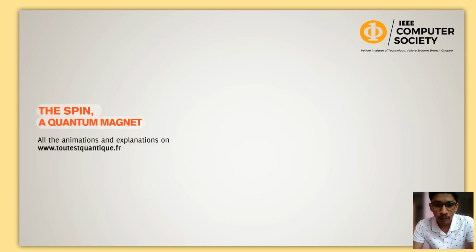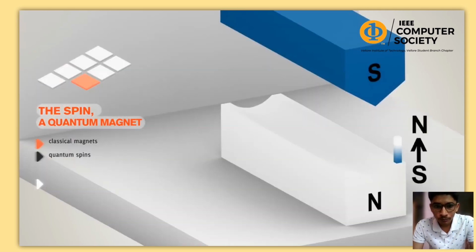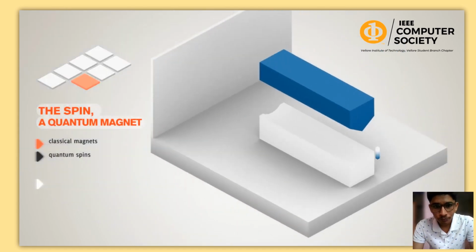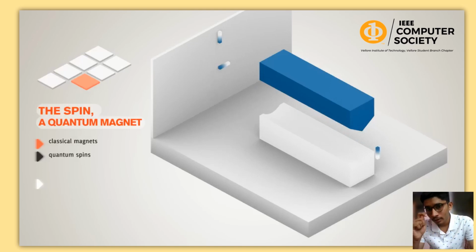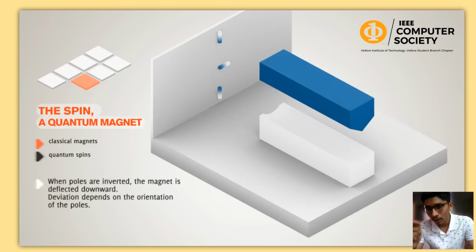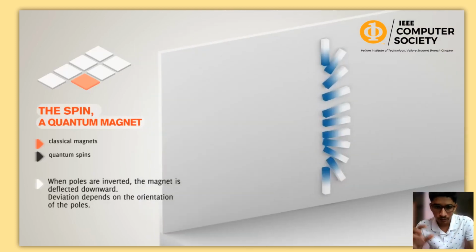It's a quantum magnet. So you have two magnets, North Pole and South Pole. You throw magnets in between those, and the magnets form a shape behind by sticking on a screen.